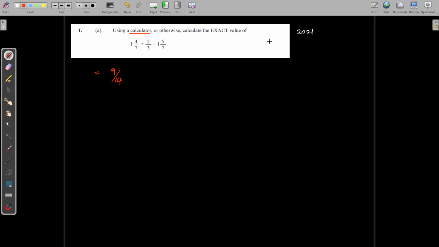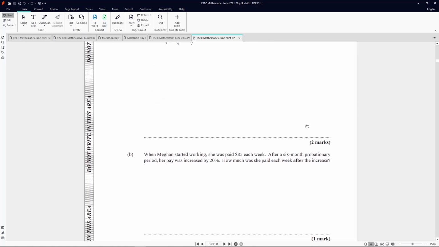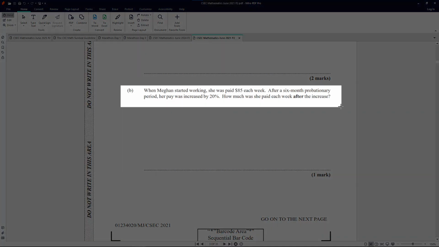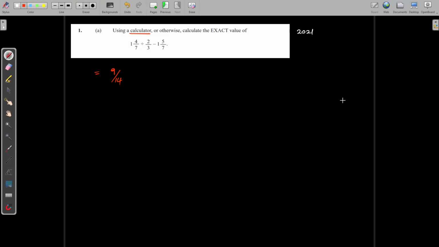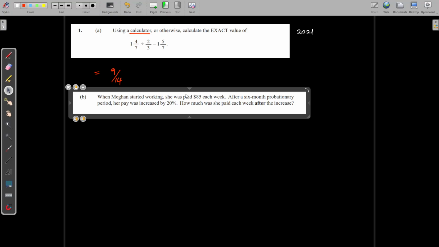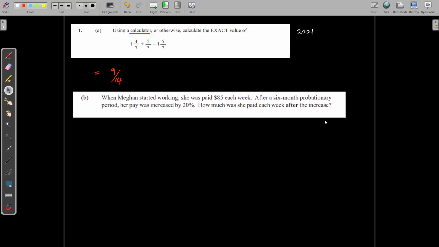No, they won't take off any mark. Once they say using a calculator, by getting the answer, it would show that you know how to use your calculator to approach the question. Using a calculator is a skill, because not everyone can use it properly.